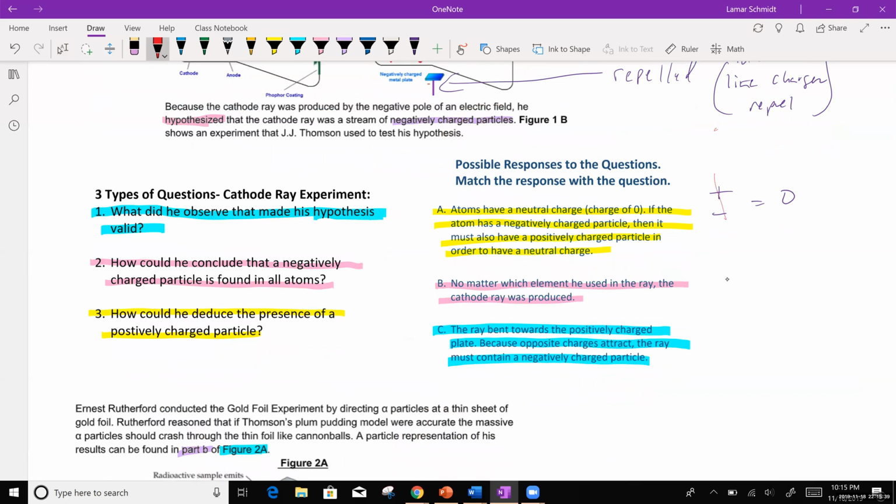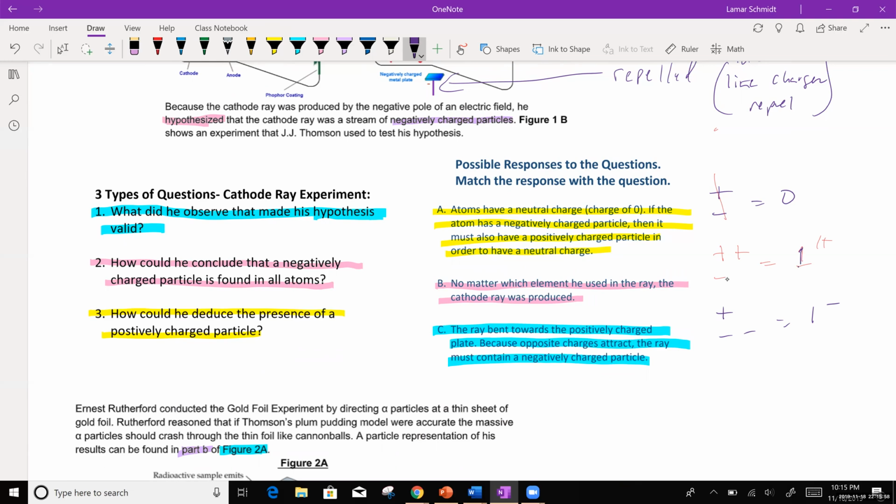So yes, they will cancel. If you have 2 pluses and 1 negative, that's going to equal a 1 plus charge. If you have 1 plus and 2 negatives, that would equal a 1 minus charge.